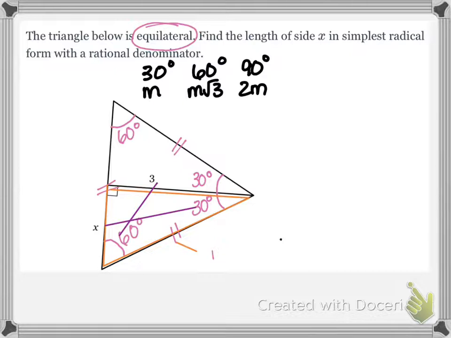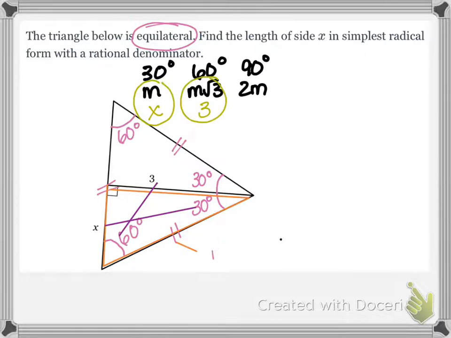And then I'm going to put the lengths that we have found here. So the x goes across the 30, and the 3 goes across the 60. So here are my two equations.